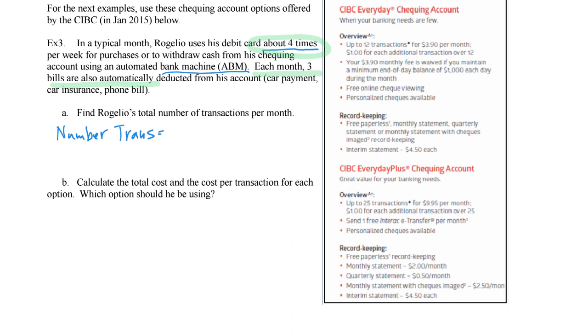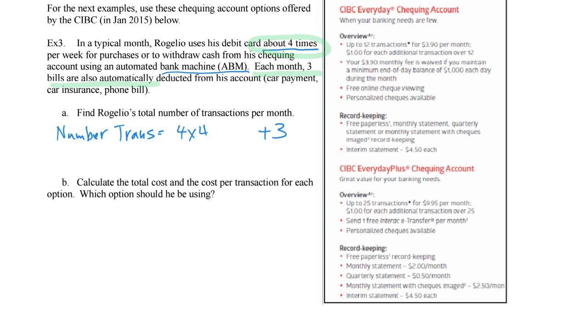But if you take a look at January, there are actually 30 days in January, right? So wait a second. No. I think what it is, it's 4 times 4 because there's 4 weeks in January. All right. And then he has to also pay his payments that are automatically deducted.